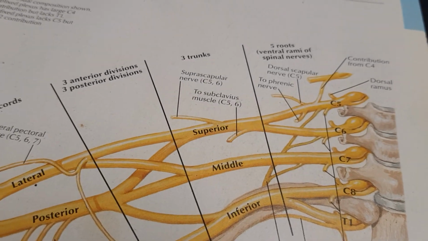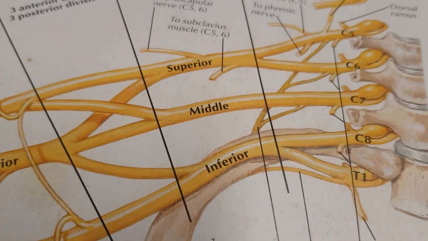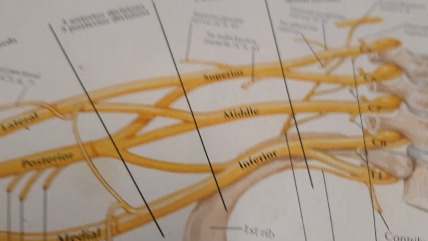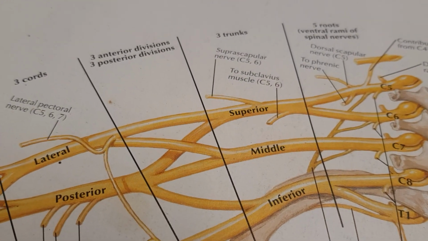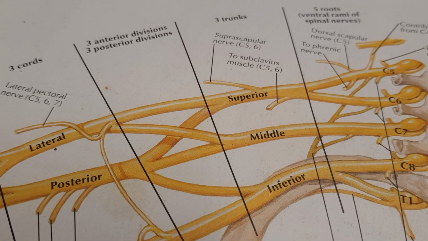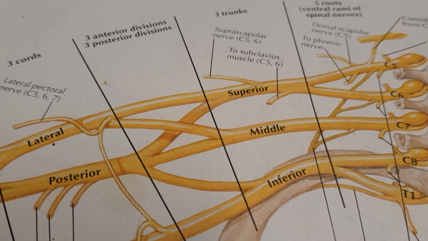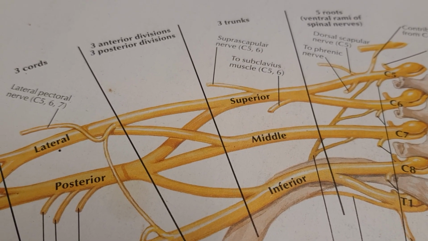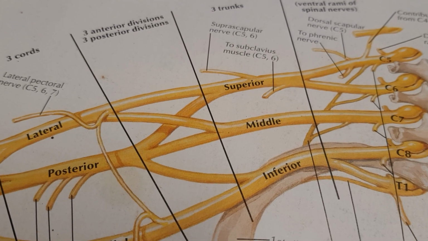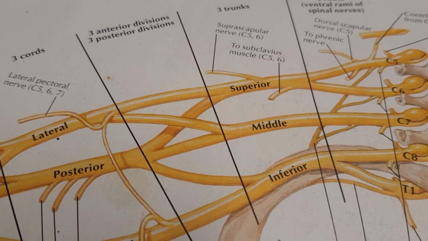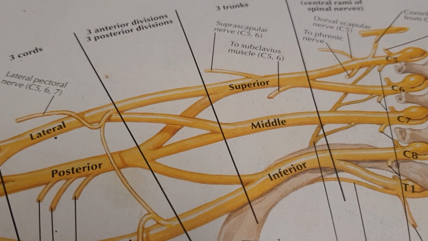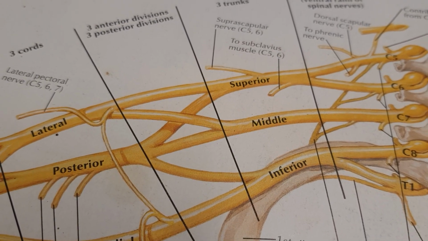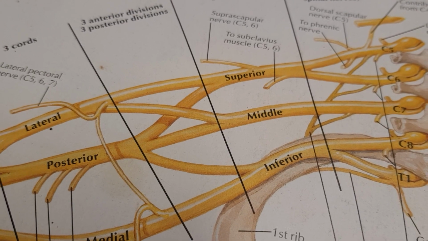Okay, we are finished with the trunks. Then I said the trunks will further divide into 6 divisions. From these 6 divisions, there are no specific nerves that branch off. But what you need to take note of is that these 6 divisions are divided into 3 anterior divisions and 3 posterior divisions, and there is a clinical significance for this.